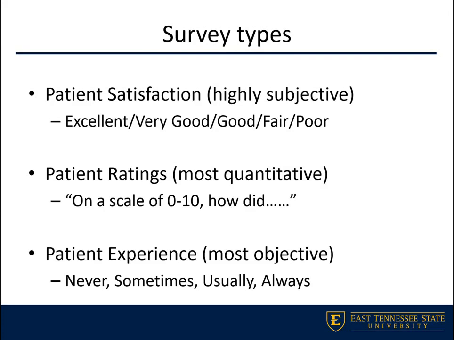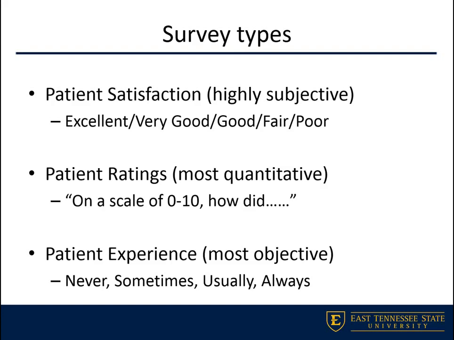The first one being the patient satisfaction. This one is highly subjective. This is where you go through and rate on a scale from excellent to poor. The downside to this one is not everyone's going to view services in the same light, especially when you have a generational gap. So you may have older generations that think nobody is able to achieve excellence, and that good and very good is probably the highest that you can get.